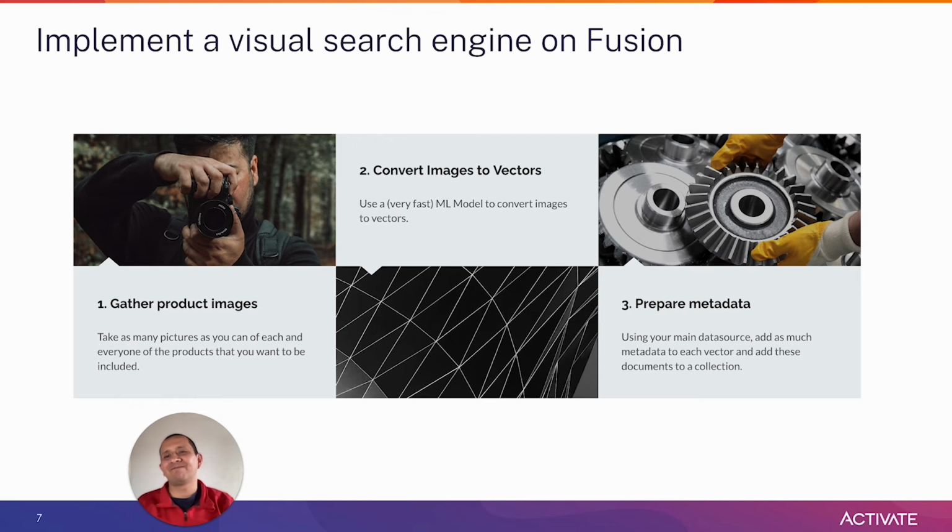Now, before we start implementing a visual search engine on Fusion for our website, we have to talk about how it works. So the user initially takes a picture and uploads the picture to our website. But as you know, computers are not very good at working with images.